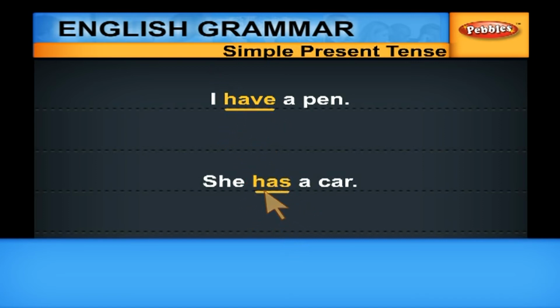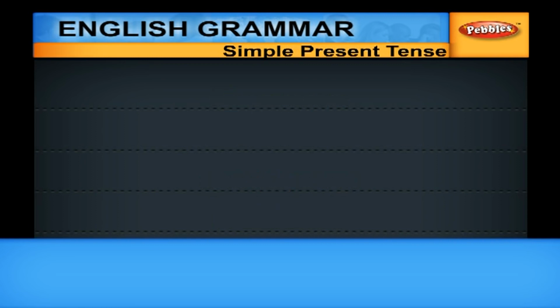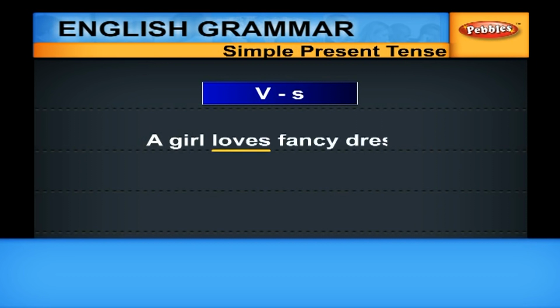When the noun is in the plural form, you have to use the base form of the verb, that is VO form. If the noun is singular, you have to use VS form. That is, you have to add S to the base verb. A girl loves fancy dress.